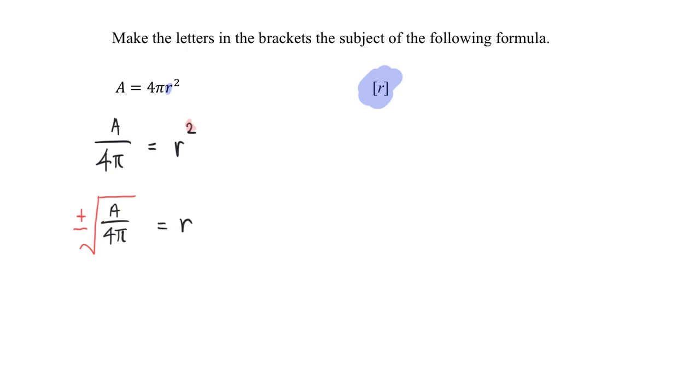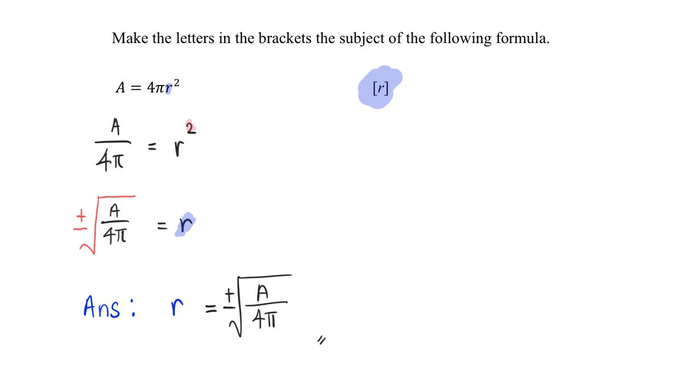Okay? And of course, since we are doing a changing of subject question, the subject R must be written at the left hand side. And this will be the final answer for this question. Okay?